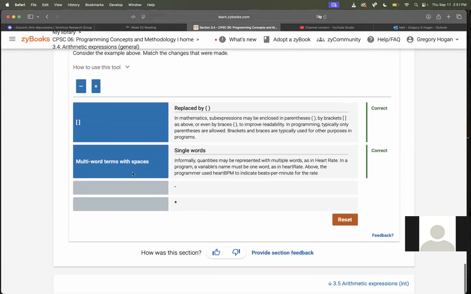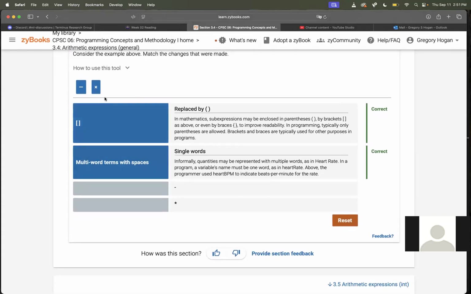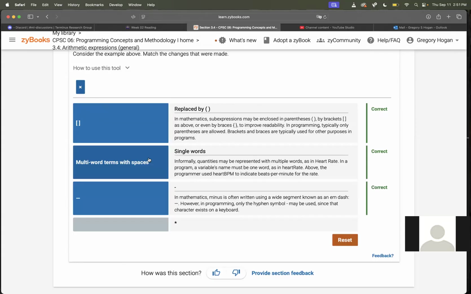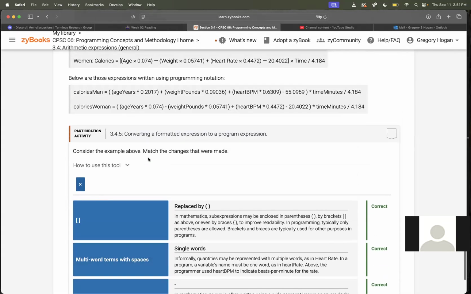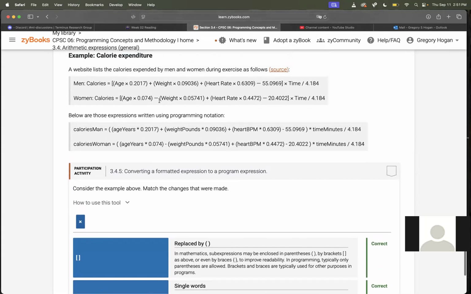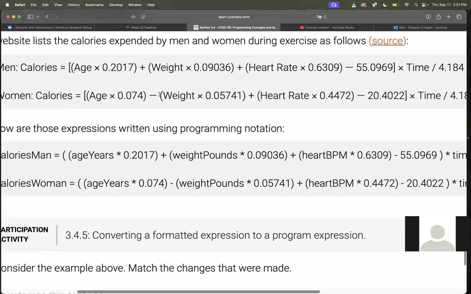And then finally, I think these are going to be obvious, but minus signs became minus signs. Now, this is actually kind of important for copy pasting. This symbol here looks like a minus sign, but it's not the same as this minus sign, is it? Can you see that they're different sizes? This one right here is not the same minus sign we use in Java.